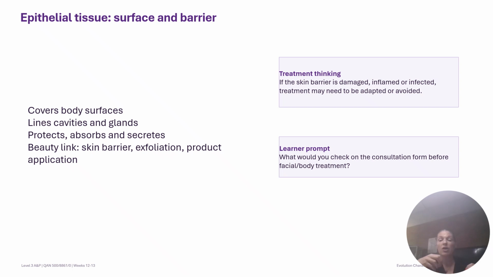The contraindications are open wounds, infections, inflammation, hypersensitivity, and recent aggressive exfoliation. If we exfoliate too much, the pH levels in the skin change. It becomes too sensitive. The products that worked before don't work now. And that is the same for the body as it is for the face.